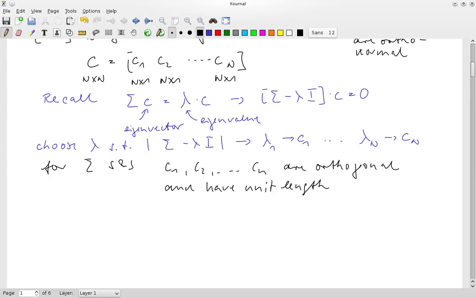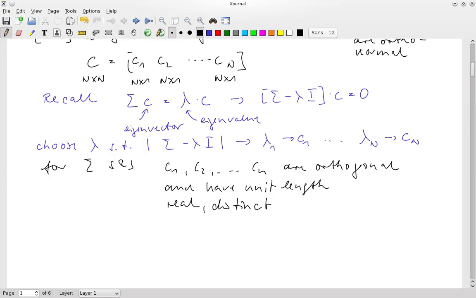They can be normed such that they have unit length. They are orthonormal vectors. Okay. Now, what also happens is that these eigenvectors are real. They contain only real numbers, and they're also distinct. Okay, n distinct eigenvectors are there, and they are all real.